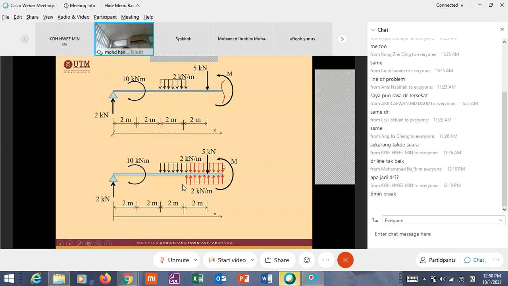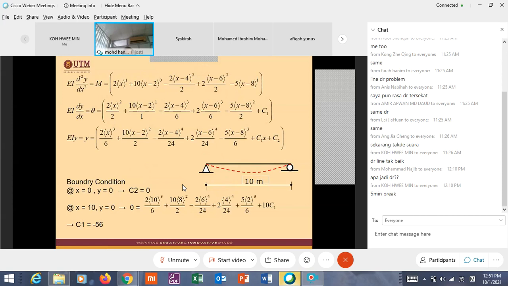Since it is actually just virtual, not existent, you have to add another, and this also extends to the point x, then it will cancel out. Therefore, the moment becomes here.